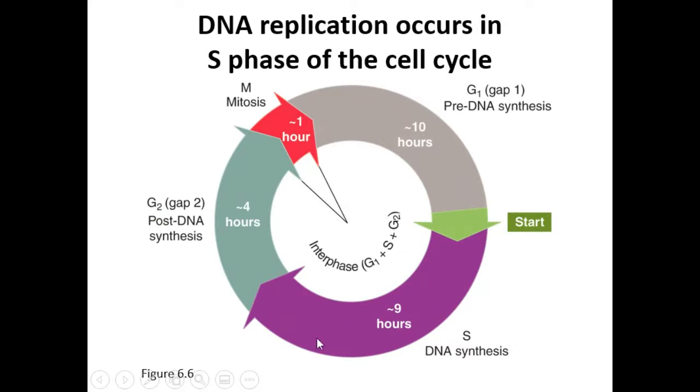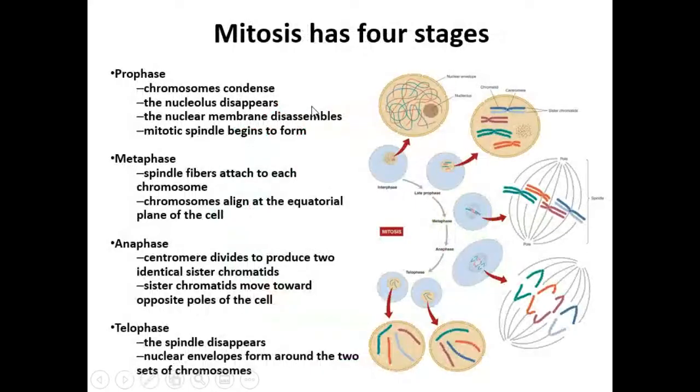DNA replication occurs at the S phase, all right? And then after that, you have the G2 phase, and then you enter mitosis, okay? So you have 4 stages of mitosis. The prophase: chromosomes condense, and then the nucleolus disappears.